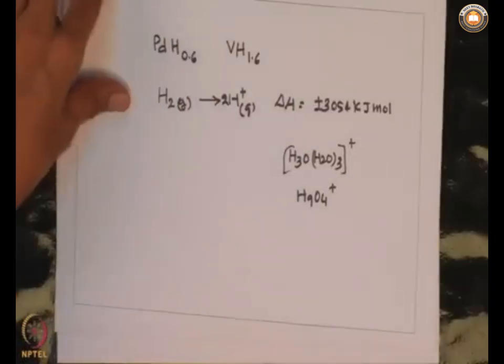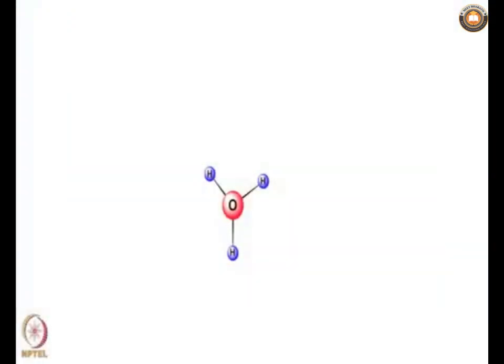Okay. Let us look into the interaction between H3O plus and water molecules. You can see in the picture H3O is given. As you know, each H will carry a delta plus charge, and when another water molecule comes, it will orient in such a way that O is directed towards H, and it carries a delta minus charge.